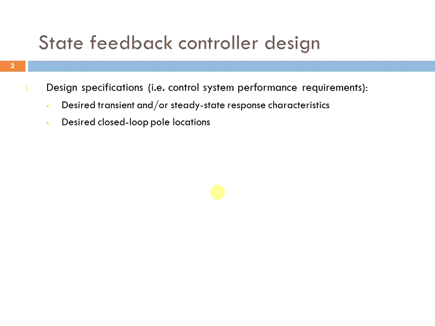This can be stated in terms of the transient and steady state response characteristics, or it can also be in terms of the desired closed loop pole locations. What's important to remember here is the relationship that exists between the closed loop pole locations and the transient and steady state response characteristics of a control system.